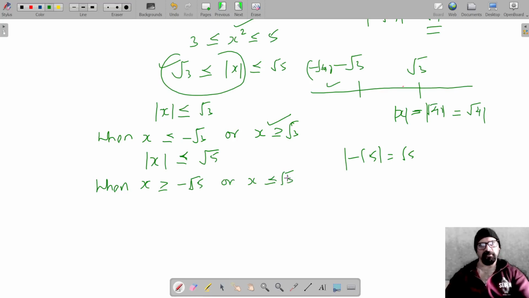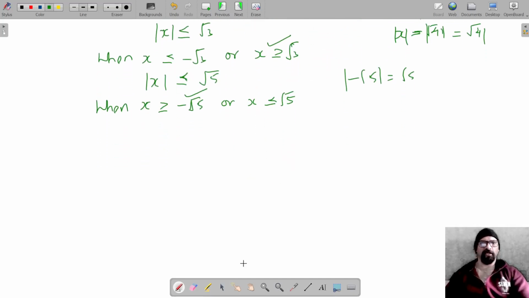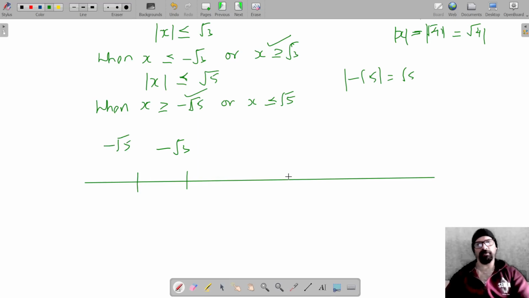So these are the cases: x is less than or equal to negative root 3 or x is greater than or equal to root 3. And for modulus of x less than or equal to root 5, x should be greater than or equal to negative root 5 and less than or equal to root 5. If we plot this on the number line, let's say here is negative root 5, negative root 3, root 3 and root 5.